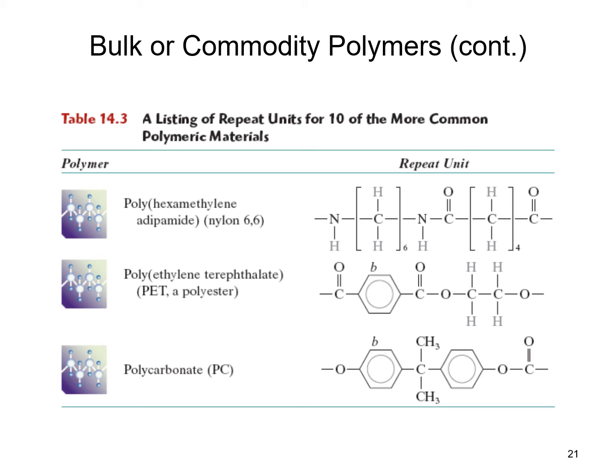So from the past few tables here, what you can see is that the repeat unit is different for each type of these commodity polymers.